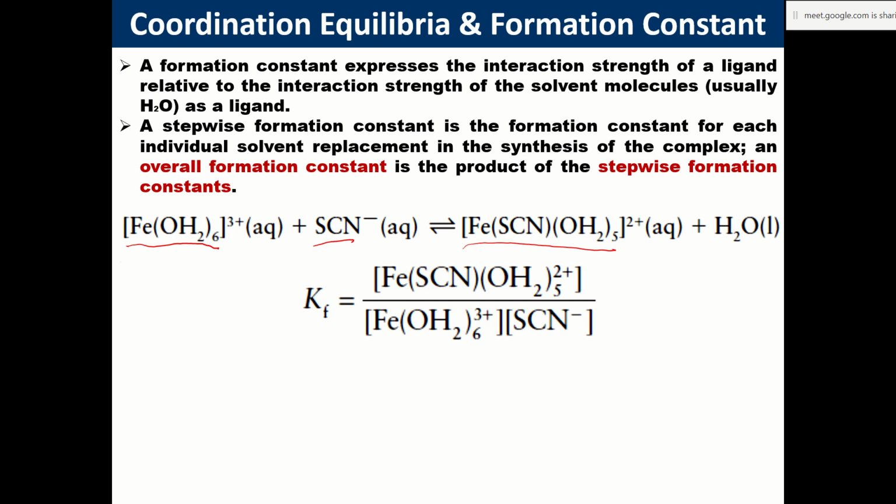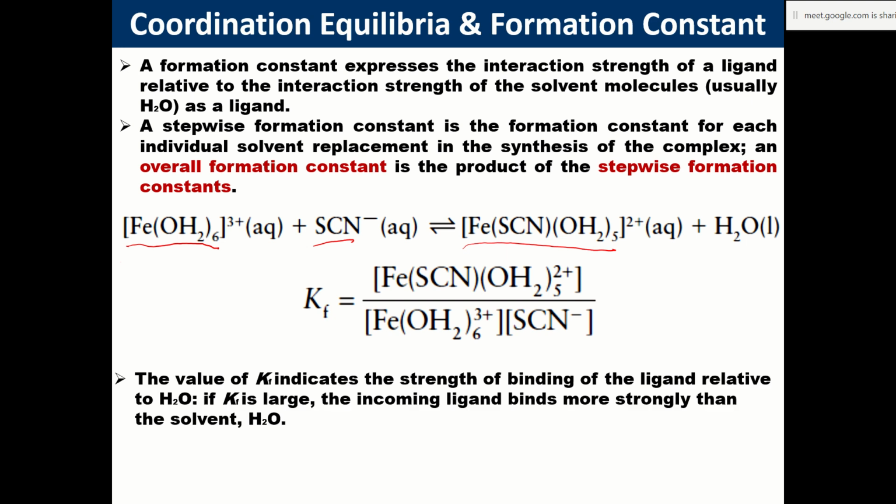So this is related to the strength of the bonds. The new ligand must form stronger bonds. If not, it will be a weaker complex, and the replacement may not go up to all the 6 water ligands. Each of the steps is written as an equilibrium, which is reversible, and the formation constant Kf is written as product over reactant concentrations.